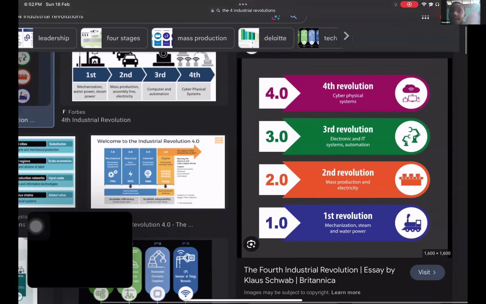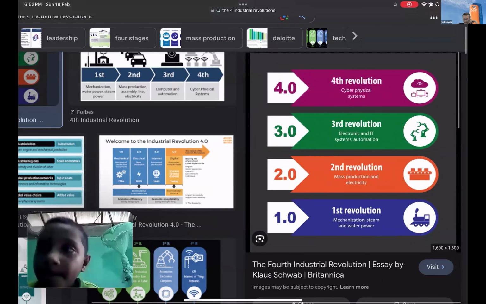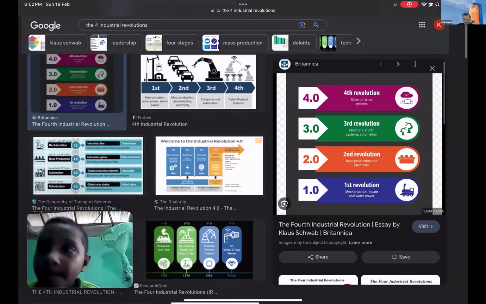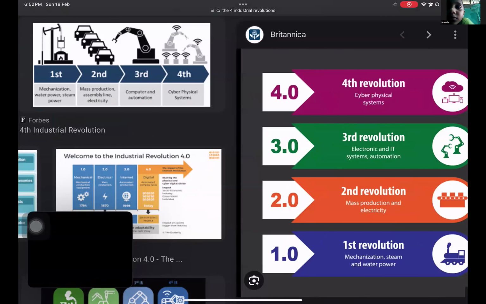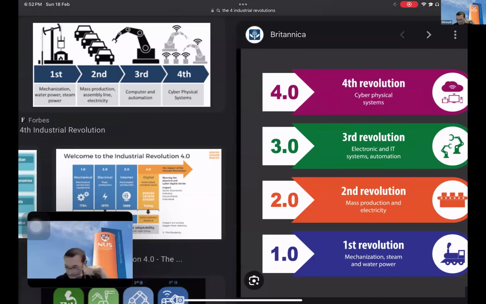Okay, now the most important of the revolutions is the fourth revolution. The fourth revolution is a very important revolution in modern society, especially because the world is literally changing from the way we do things.